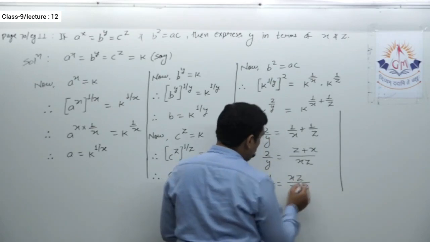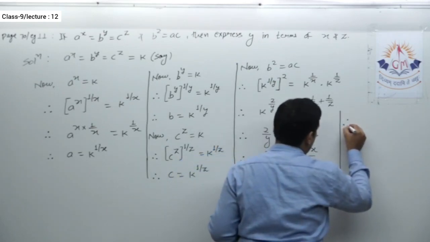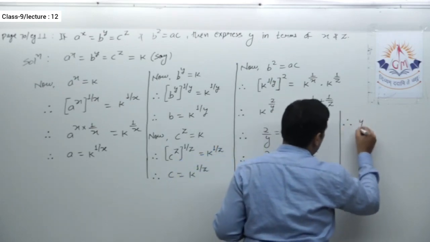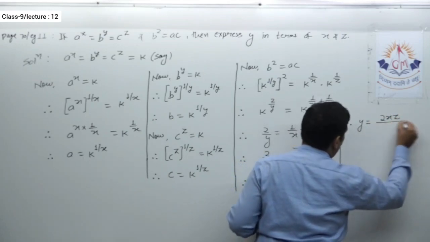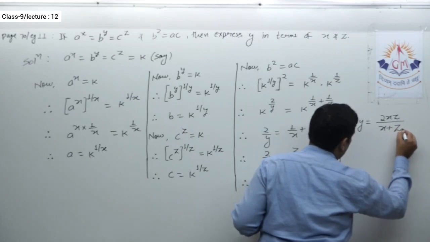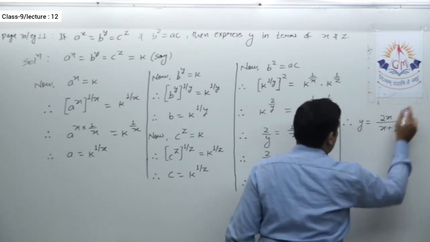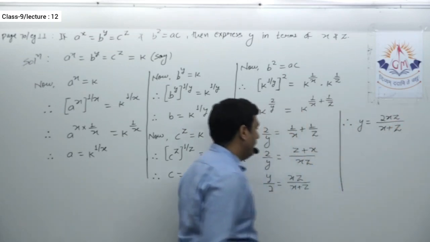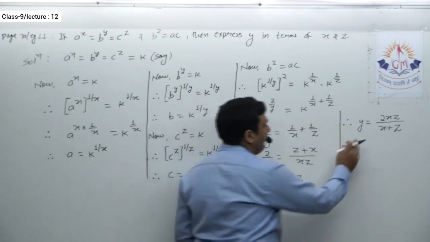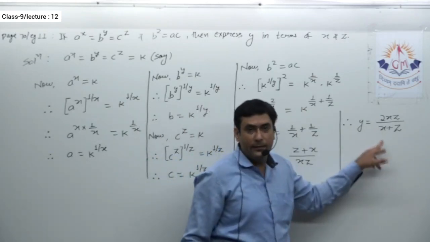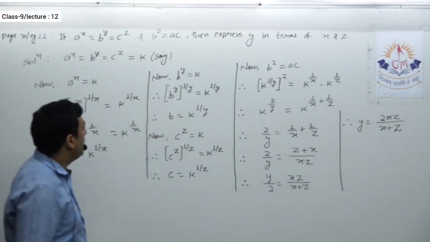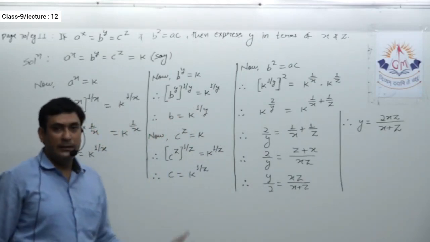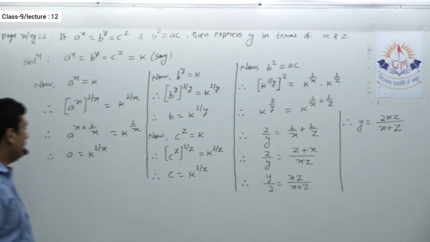I'll just take 2 on that side, so therefore I can write y is equal to 2xz upon x plus z. This is the value of y, or I can say y in terms of x and z. So I hope this is clear to you. So please note it down, then I'll explain this once again.